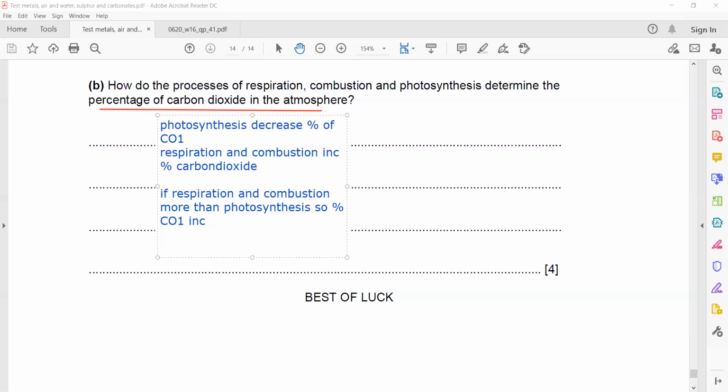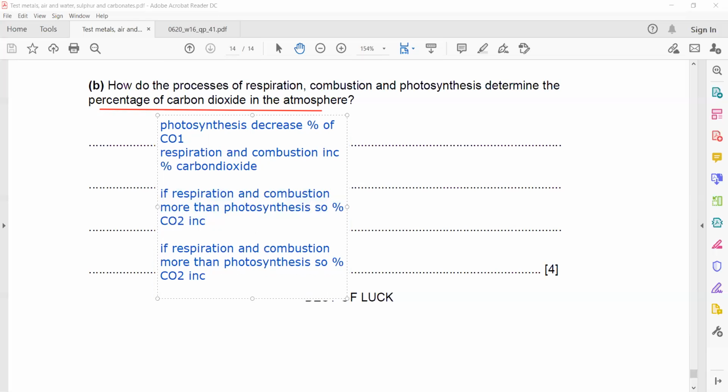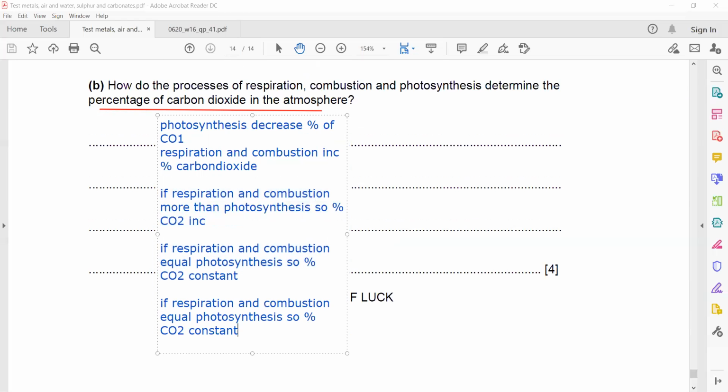If respiration and combustion are equal to photosynthesis, then the percentage of carbon dioxide will be constant. And if respiration and combustion are less than photosynthesis, the percentage of carbon dioxide in the atmosphere will decrease.